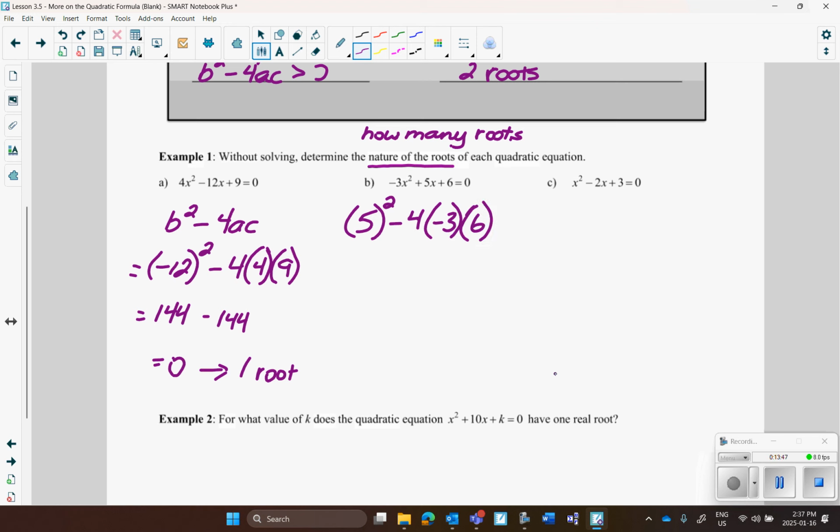So that looks like it's going to give me a positive answer already, because it's going to be 25. 2 negatives make a positive, so that's going to be 72, which gives me 97. How many roots? 2 roots.